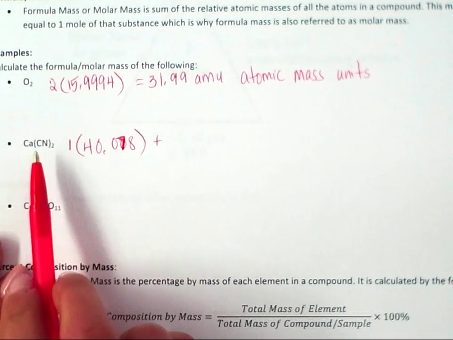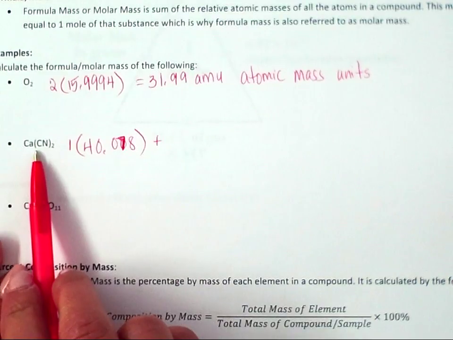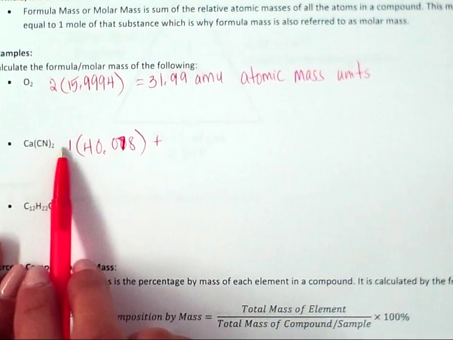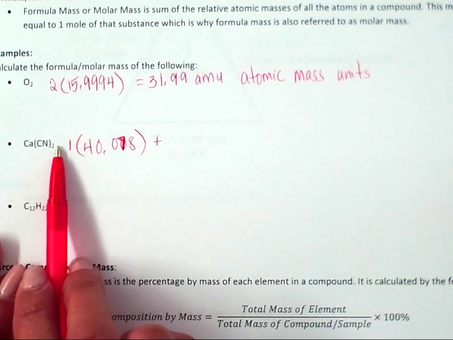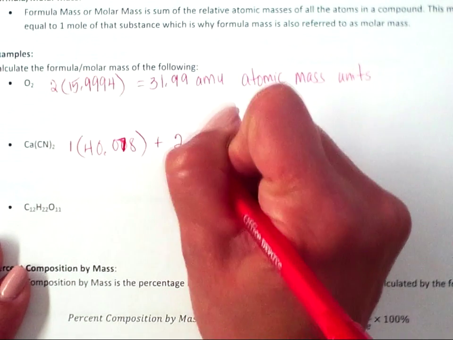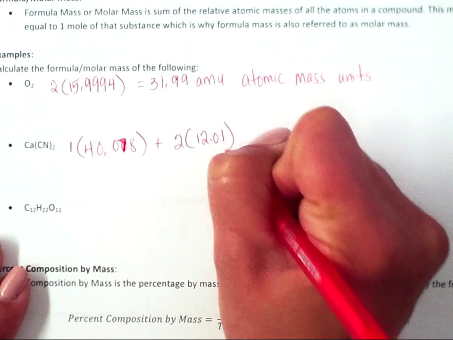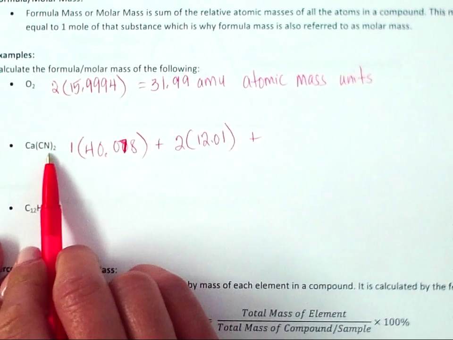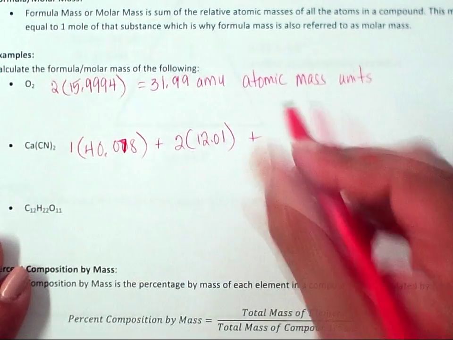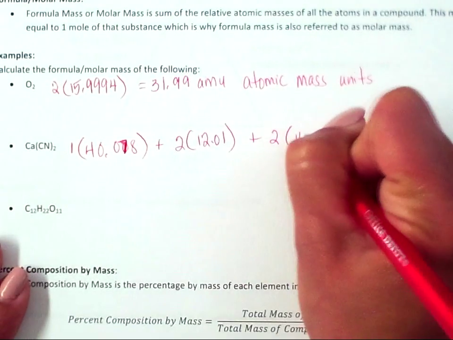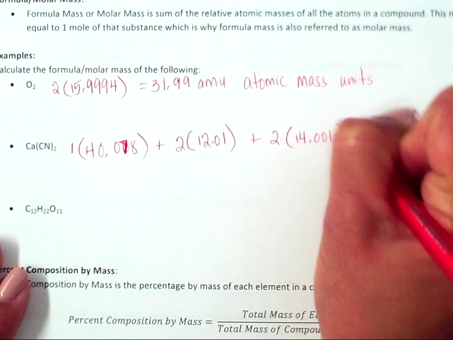Okay? How many carbons do I have here? We have 2. 2 carbons, it's in parentheses, it says it right here. So we have 2 times the carbon. If you look up carbon, it's 12.01. Then we have nitrogen. Again, there are 2 of those. Nitrogen weighs 14.006.